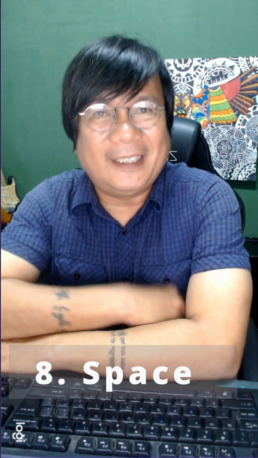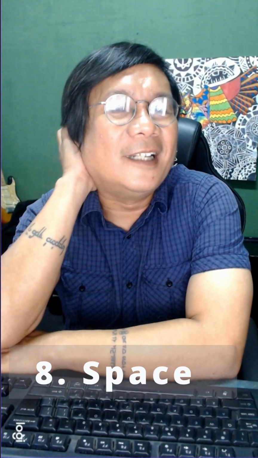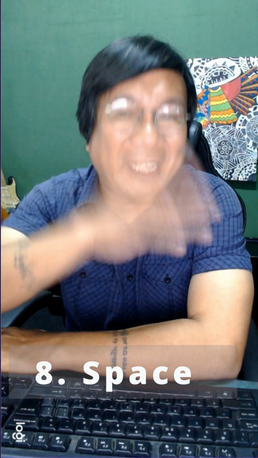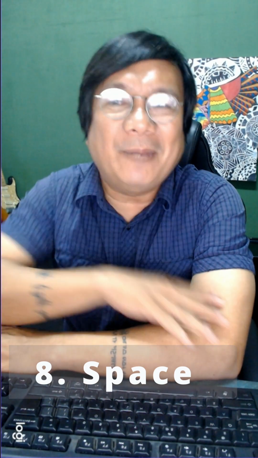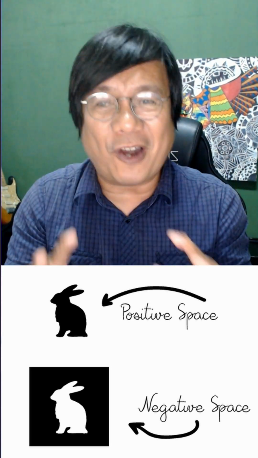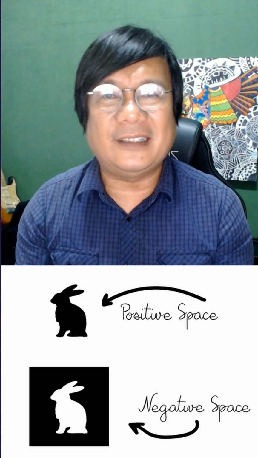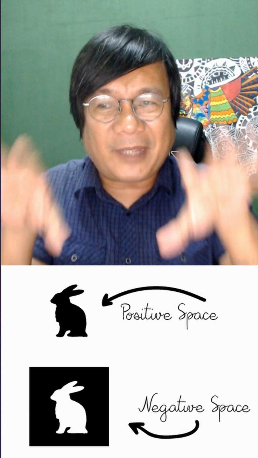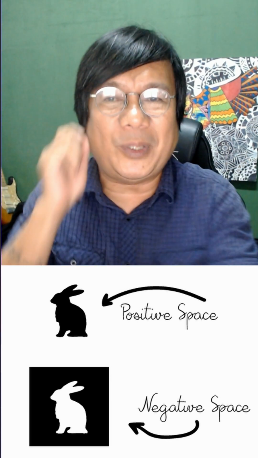The next element would be space. Space refers to the area within, around, and between objects in a composition. It can be divided into positive space, or the area occupied by objects, and negative space, the empty areas around or in between the objects.